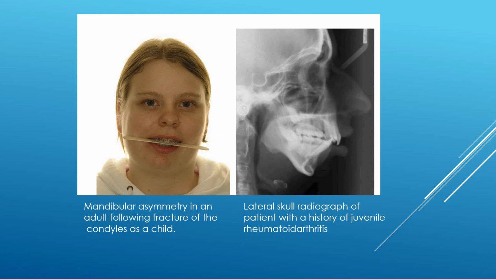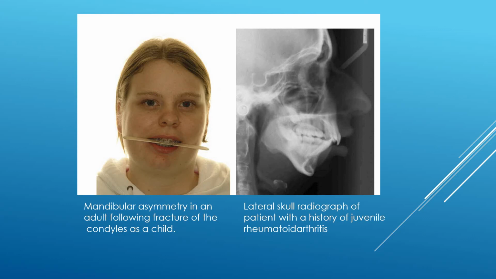The condyle is a common site of fracture in the mandible during childhood, and many go undiagnosed. In severe cases with bilateral fracture and dislocation from the glenoid fossa, an anterior open bite can be one of the presenting features due to loss in ramus height.